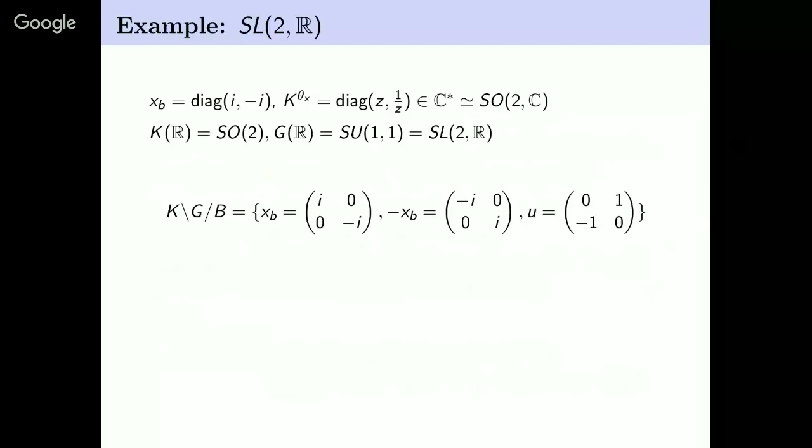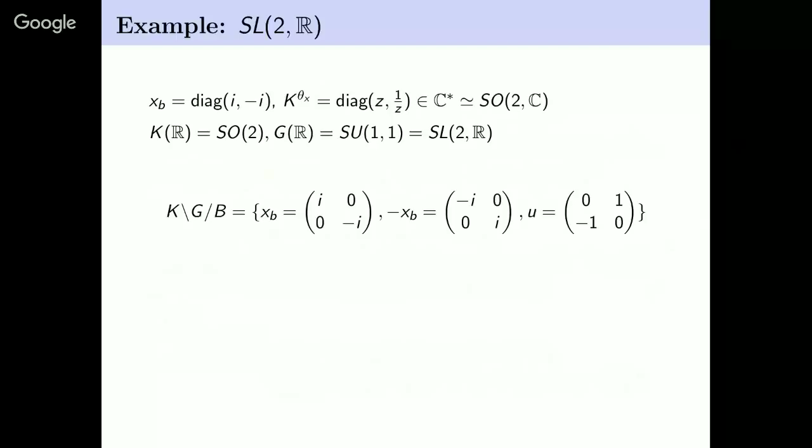There's this element XB, and there's minus XB, and up to, well, not even up to conjugacy, these are all of the elements of the Cartan that are conjugate to XB and minus XB. And then there's another element U, which is not in the Cartan, but it is in the normalizer of the Cartan. And this element is also conjugate to XB. And that's it, up to conjugacy by H.